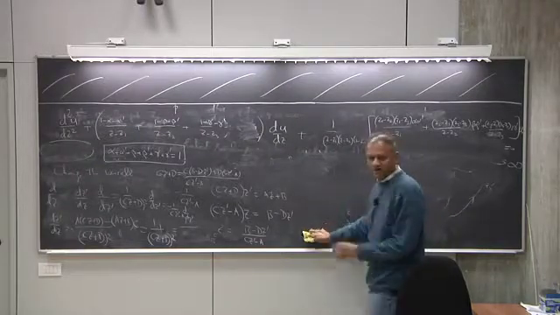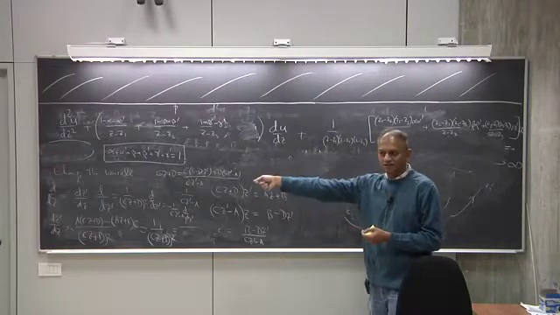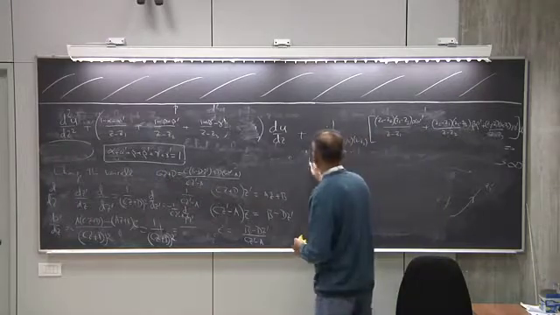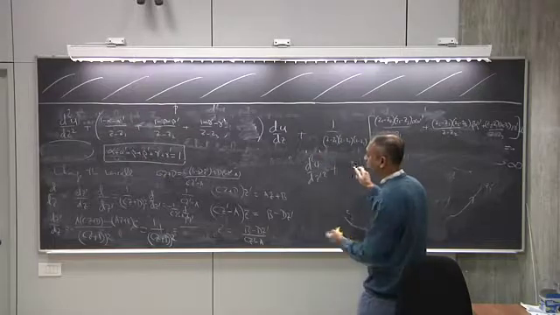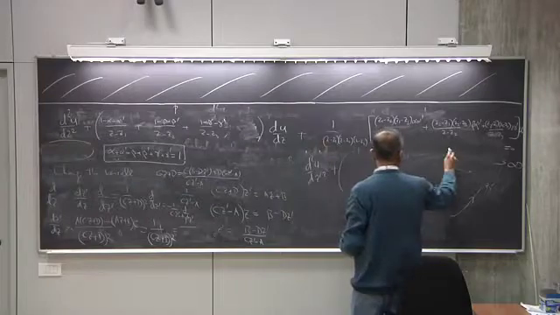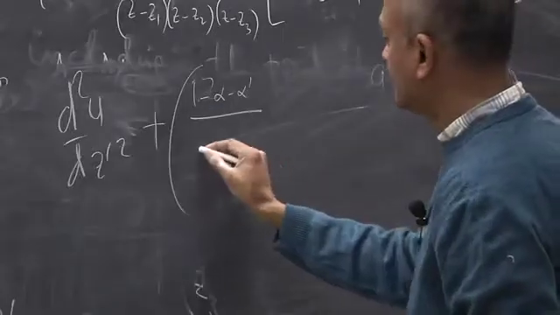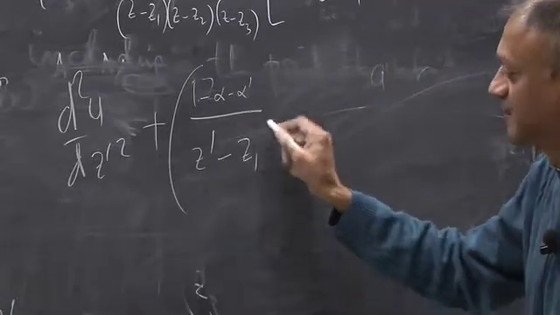It's a long exercise, but nothing deep about it. It's just mechanically, just churn the machine, and you'll get that. So you'll get d2u over dz prime square, and then you will find exactly the same type of objects. In fact, the same bracket. So 1 minus alpha prime over z prime minus z1 prime.